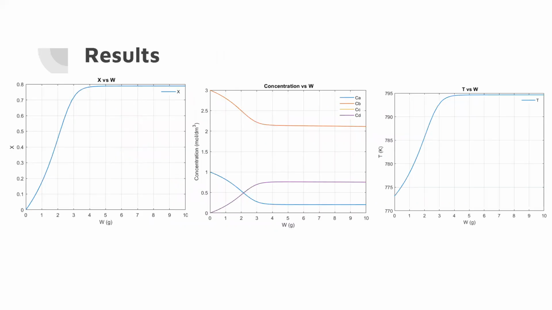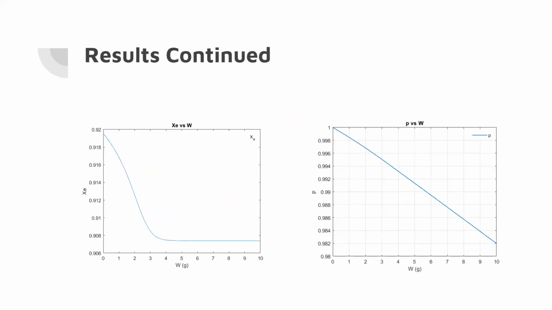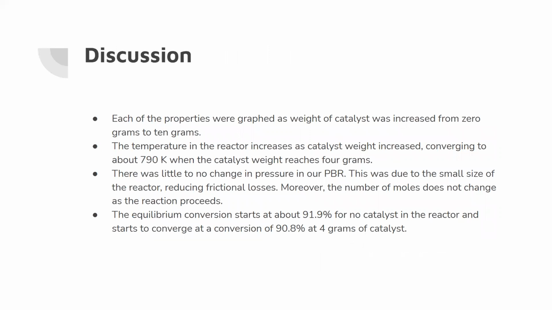Our modeling shows these graphs: conversion versus weight of catalyst, concentration versus weight of catalyst, temperature versus weight of catalyst, equilibrium conversion versus weight of catalyst, and pressure drop versus weight of catalyst. Each of the properties were graphed as weight of catalyst increased from 0 grams to 10 grams.